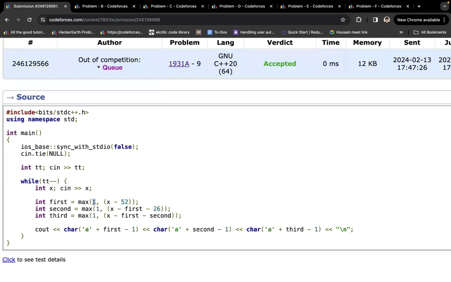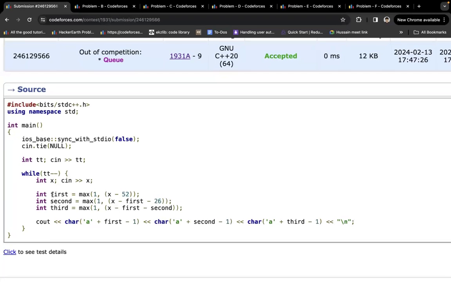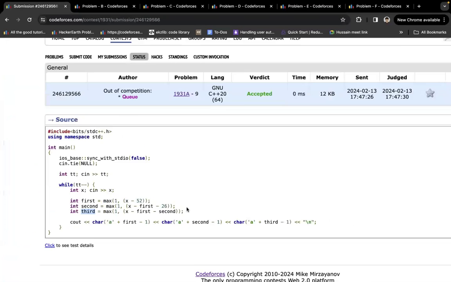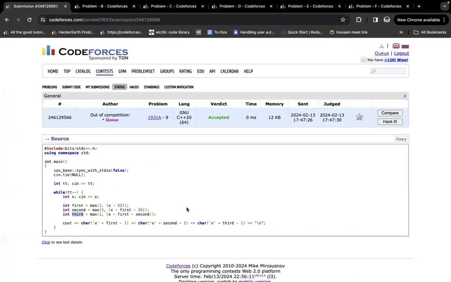Basically, you can start from a and so on and so forth. Once you fix the first character, the remaining sum you have is x minus first, and on the right hand side you can fix only one z, so minus 26 there, and in the end third is just x minus first comma second, right? So it's the same thing that I'm doing, just in a little bit complicated way. You could just run a for loop and do the same thing.